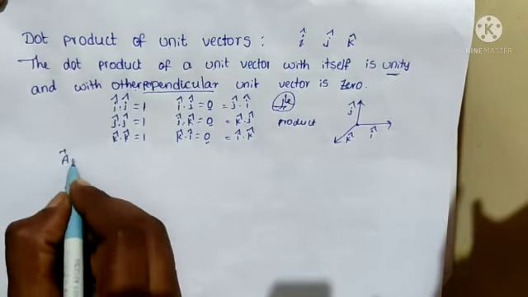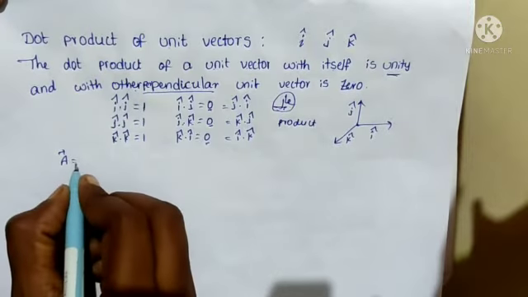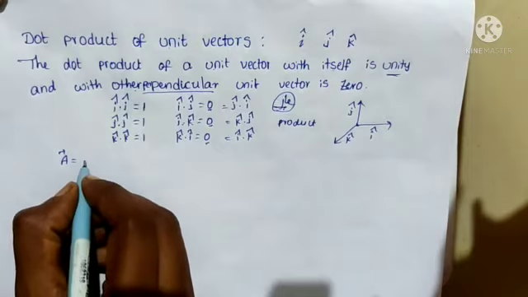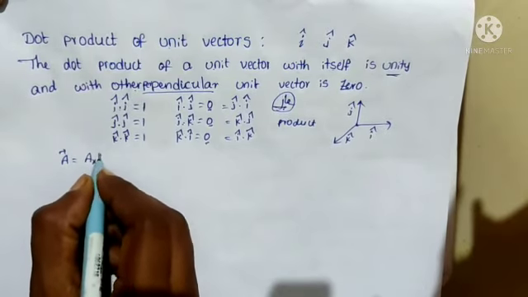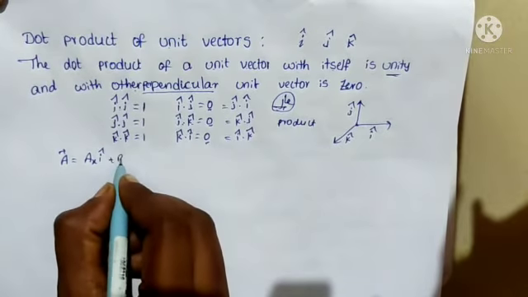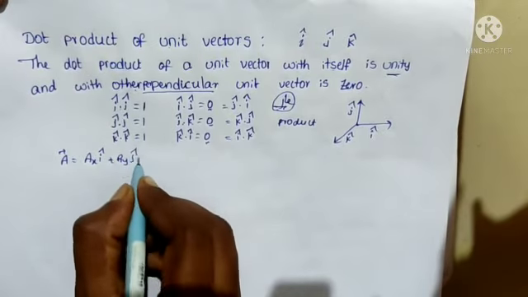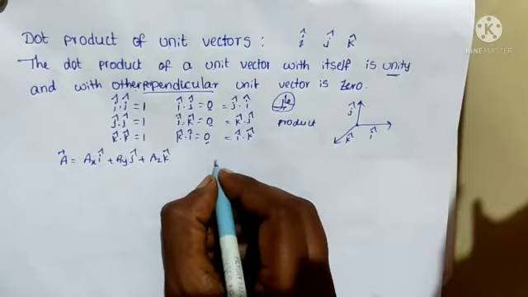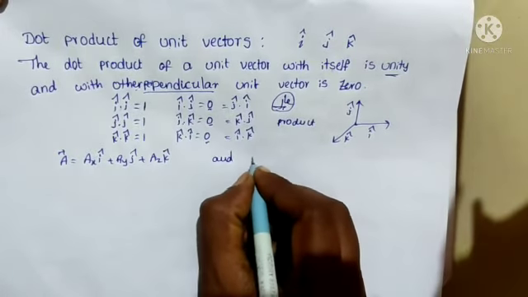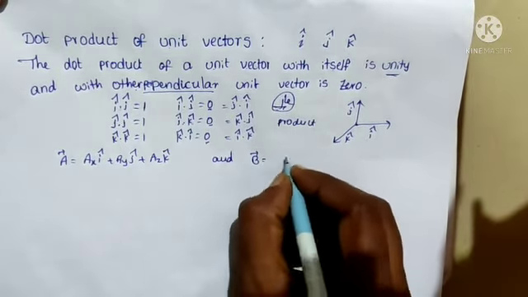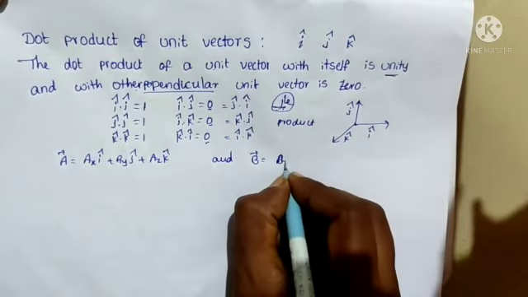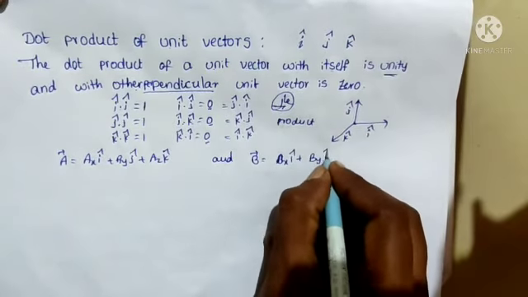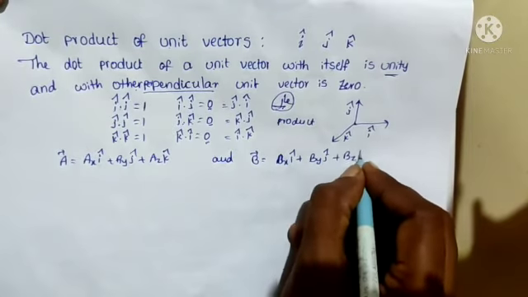I am taking one vector, that is A bar. We can write the vector representation in 3 dimensions. You know that Ax i cap is the x-axis component, Ay j cap is the y-axis component, Az k cap is the z-axis component, and the second vector B I am taking. So here also we can write Bx i cap, the components along the x-axis, y-axis and z-axis.